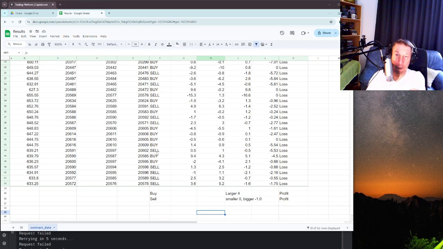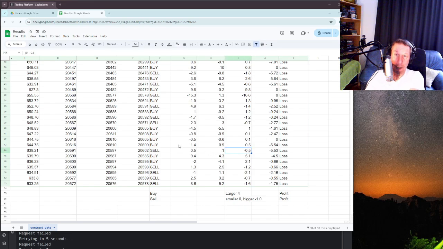Let's see a sell. This is a sell with a stop loss, and the histogram is smaller than 0, but larger than minus 1, and still we had a loss.